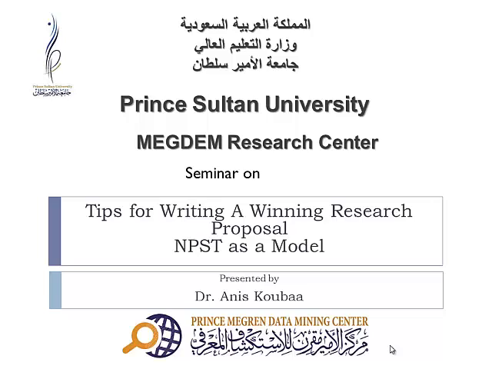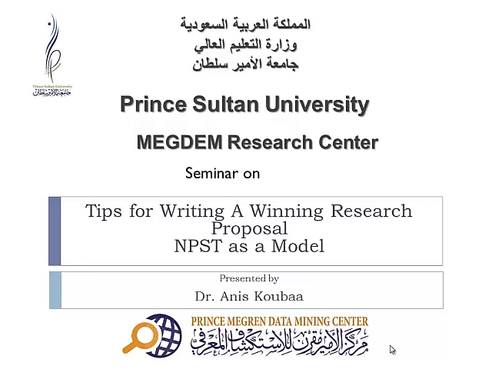I'm just resuming because we just started. I'm going to make a presentation about how to write a research proposal, and I will be focusing on the NPST program. NPST stands for National Program for Science and Technology and Innovation. This is the research program for Saudi universities, the umbrella under which research projects are submitted in Saudi universities.